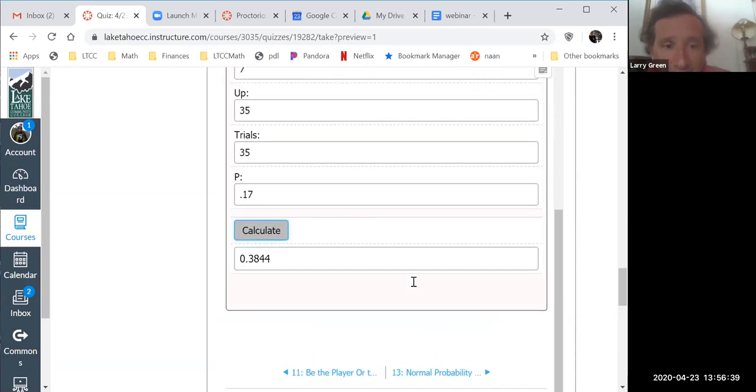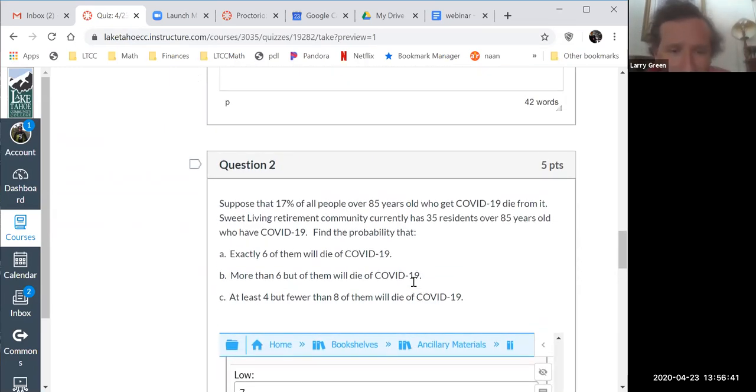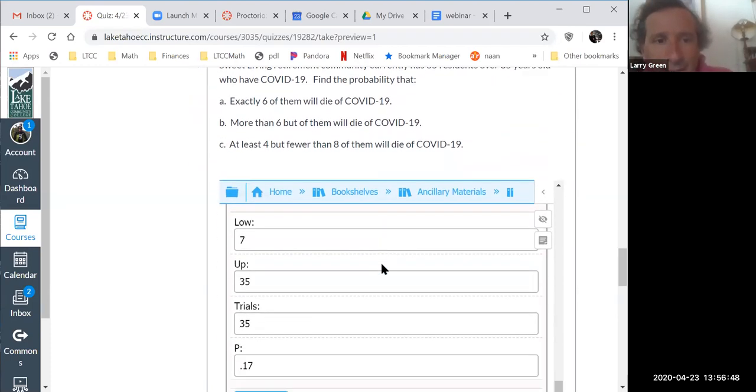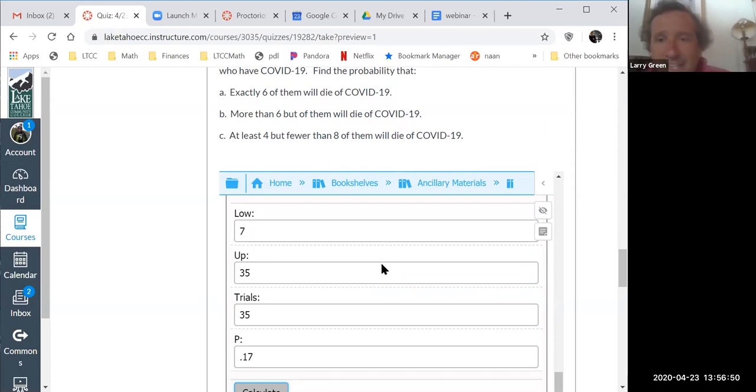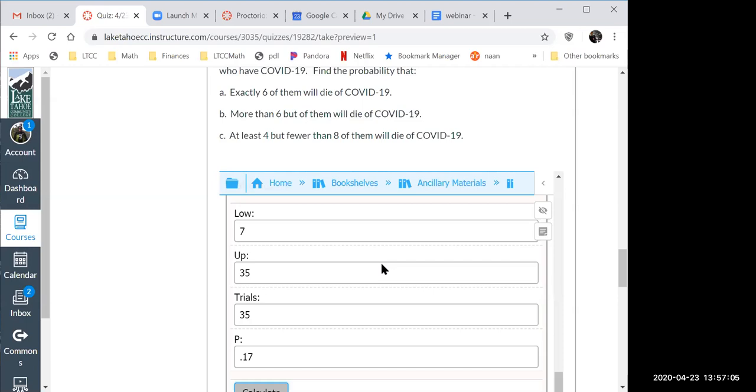Okay, let's go to C. C says at least 4, but fewer than 8. So at least 4, fewer than 8. What changes now? The low value and the upper value.